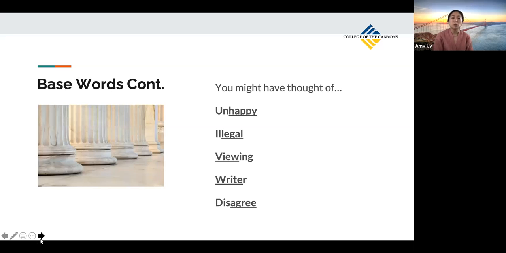You might have thought of these words: unhappy, illegal, viewing, writer, and disagree. I've underlined the base words in each of these words for you. Happy in unhappy, legal in illegal, view in viewing, right in writer, and agree in disagree.